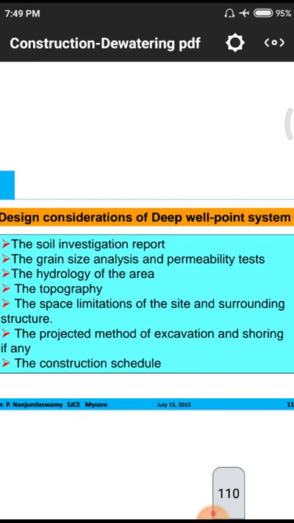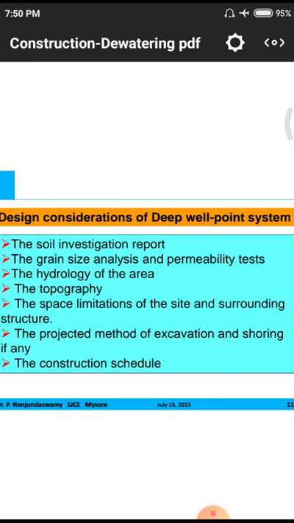What are the design conditions for a deep well point system? First of all, the design considerations include the soil investigation report. What is the soil investigation report? In geotechnical engineering you have studied different properties of soils.